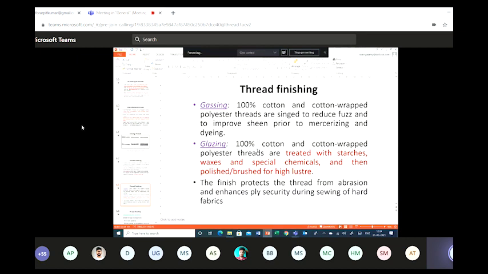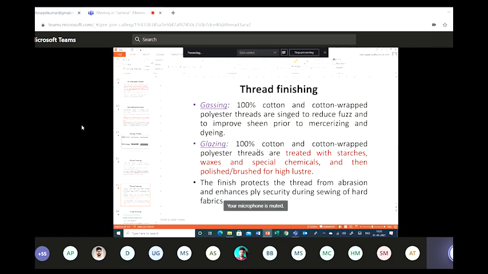And glazing is another treatment. This is also done to 100% cotton and cotton wrapped polyester threads. Here they have a formulation. They mix starch, wax, and other chemicals. Sometimes they apply abrading chemicals, like the kite flying thread you may have used. In those days they used cotton, and they applied a lot of glass particles, so that you can break the thread of someone's kite.